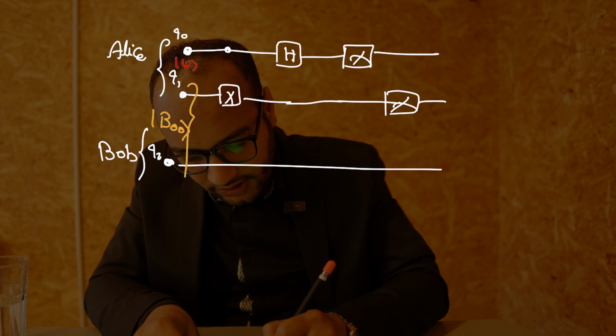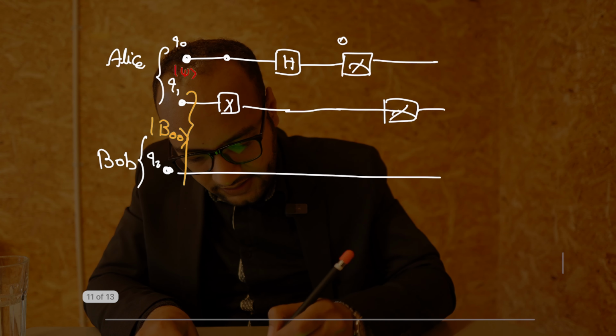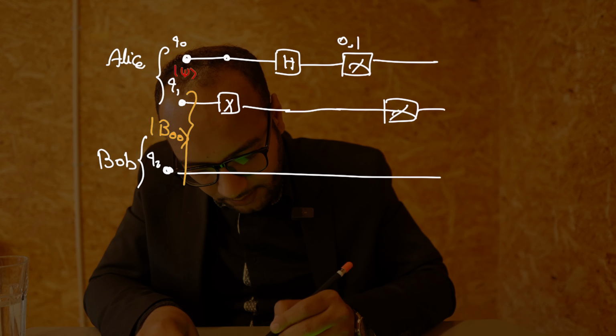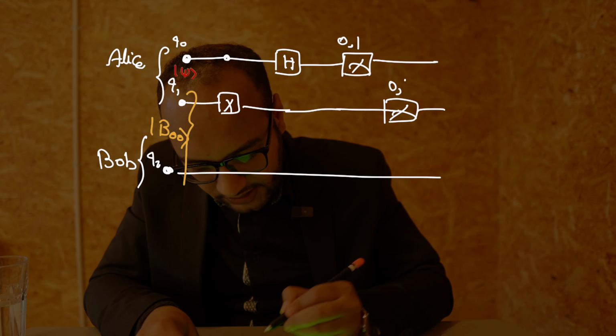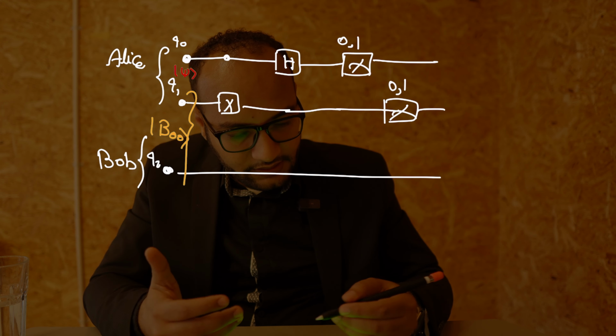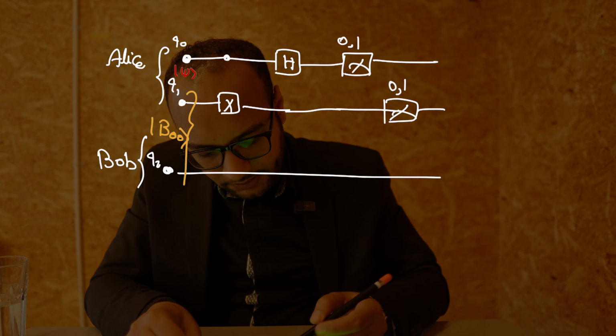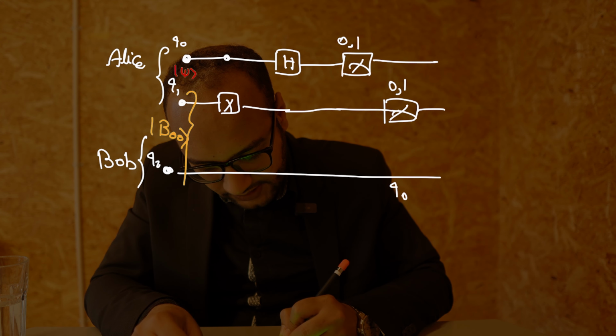So now, what could be the findings of the measurement? We have seen it. Qubit 0 could be in state 0 or 1. Similarly, qubit 1 could be in state 0 or 1. So we will have a measurement table in which we write the state of qubit Q0 and qubit Q1.